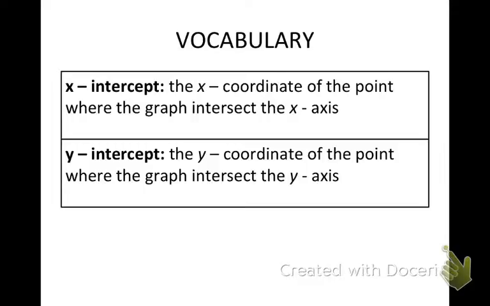The first intercept we're going to be looking at is what's called the x-intercept. And we call it the x-intercept because it's the x-coordinate of the point where the graph intersects, that should be it, intersects with an S at the end, the x-axis.